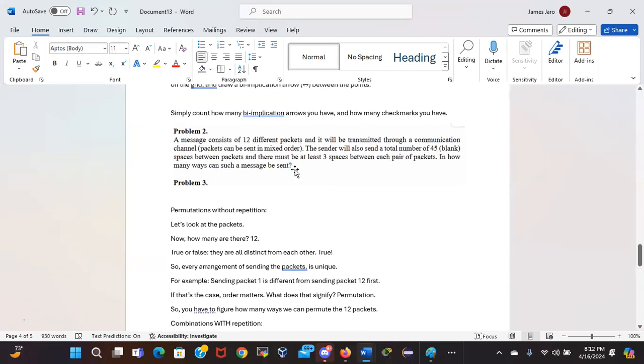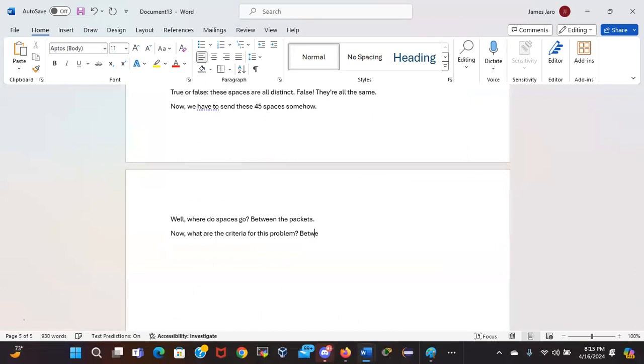What's the condition about spaces, with the relationship between the packets and the spaces? Yeah, 3 between each packet, right? Between any pair of packets, there must reside at least 3 blank spaces. Does that make sense? Yeah, there are 11 gaps, each of which needs 3 at minimum.